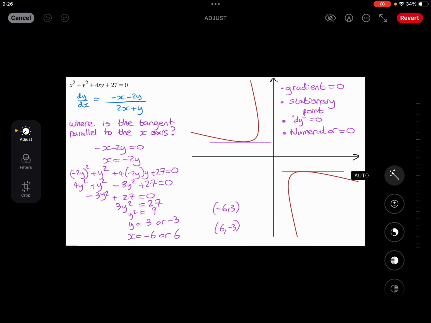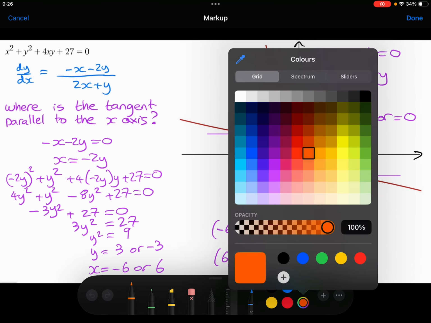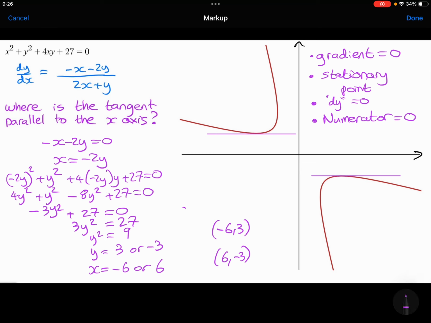So here is working out where the tangent is parallel to the x-axis, or the stationary points. You can see that I have taken the numerator and made that equal to 0. That's what I've got here. Which is then, I've made x the subject and found that x needs to be minus 2 times y.